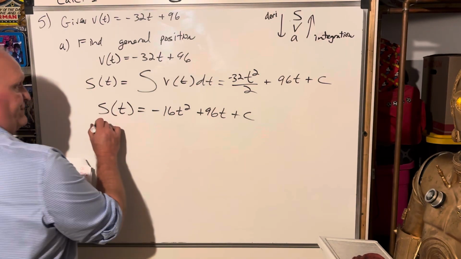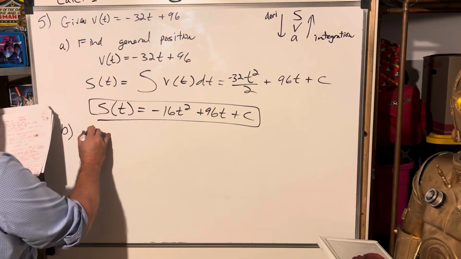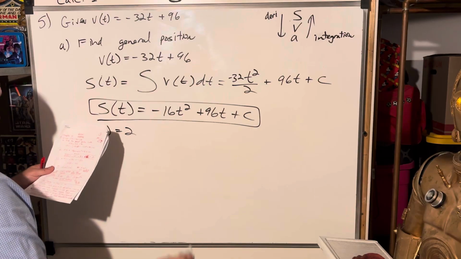All right. So there we are. Letter B. When S of 0 is equal to 2, give the particular solution.